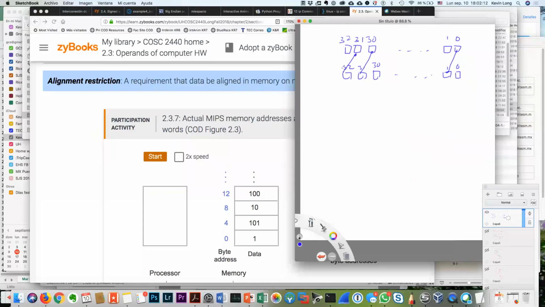Would it be 4? How many bytes are in 64 bits? 8. And how many powers of 2 do you need to get to 8? 2 times 2 times 2, 3 bits. So if you want to multiply by 8, you shift left 3 bits. It's just that easy.